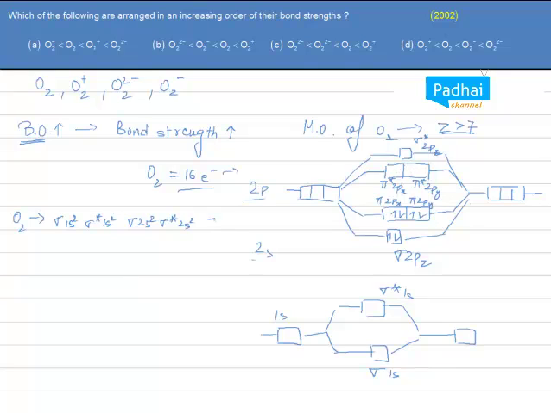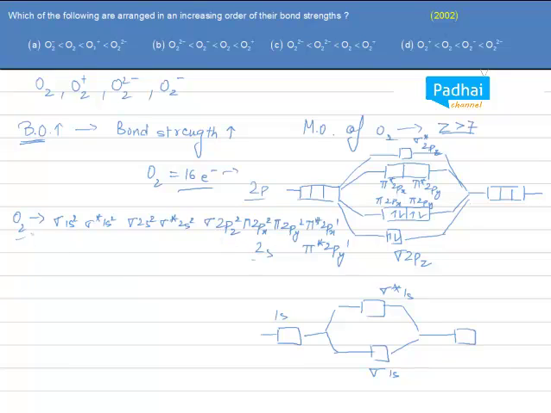That means the configuration will be sigma 2pz2, pi 2px2, pi 2py2, pi star 2px1, pi star 2py1.